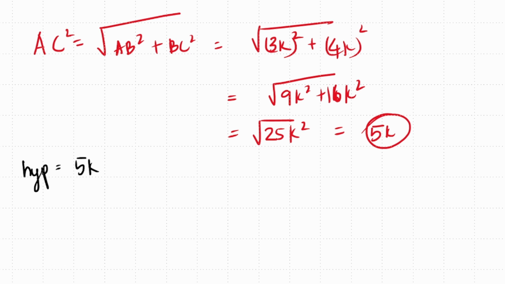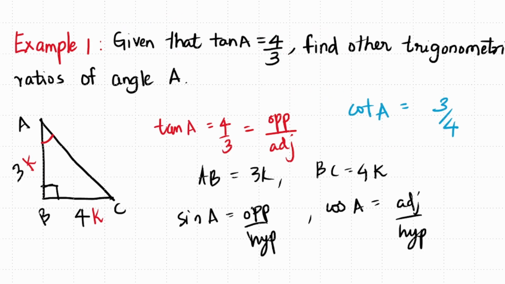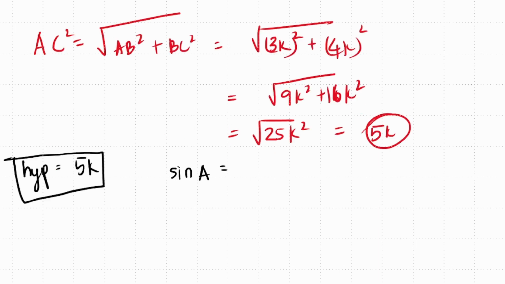Now you need to find the value of sine A. So let's go check it out. Sine A is opposite by hypotenuse, already written here, right? So which is the opposite side with respect to A? The opposite side with respect to A is BC, which is 4K.